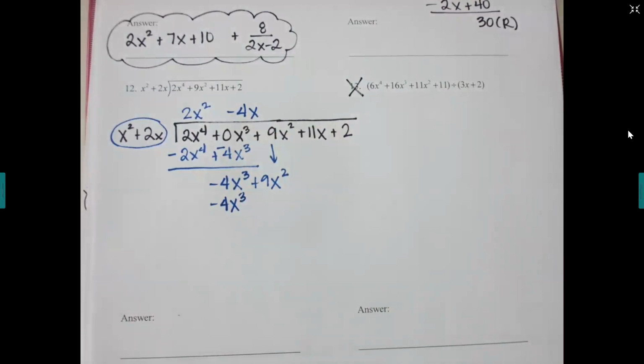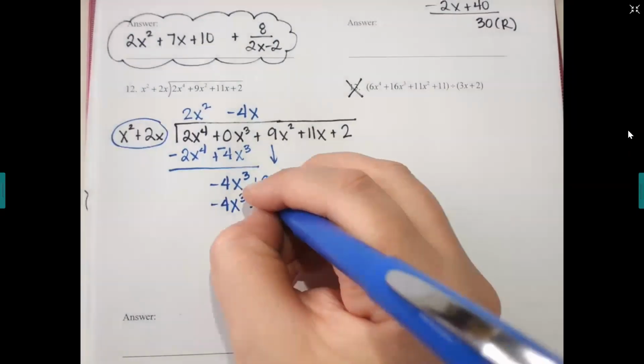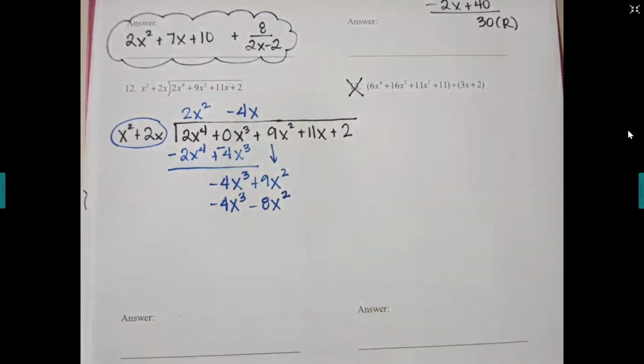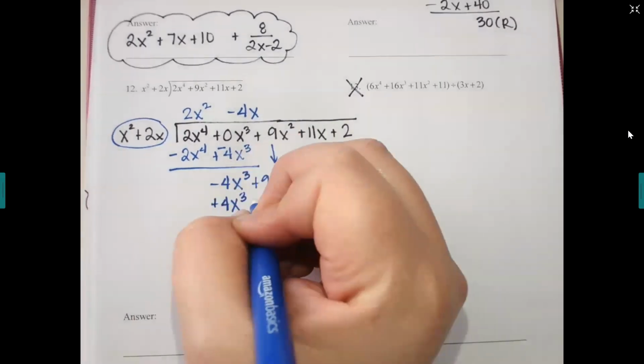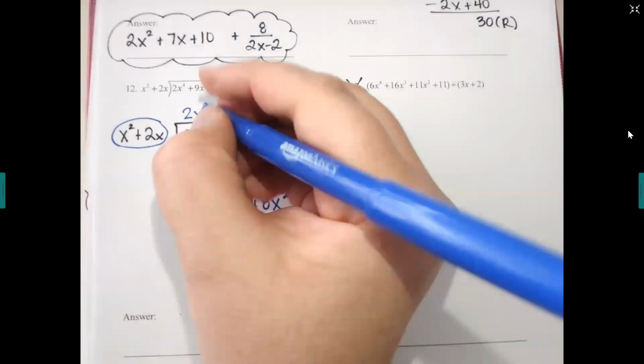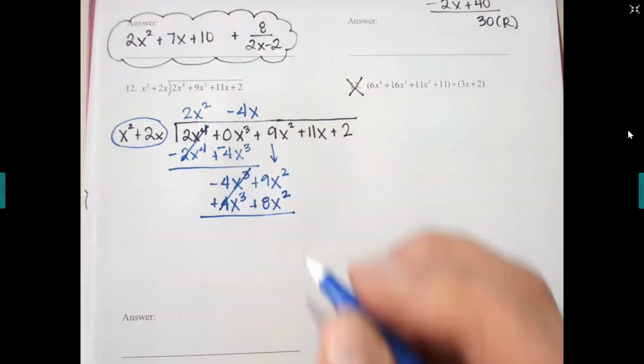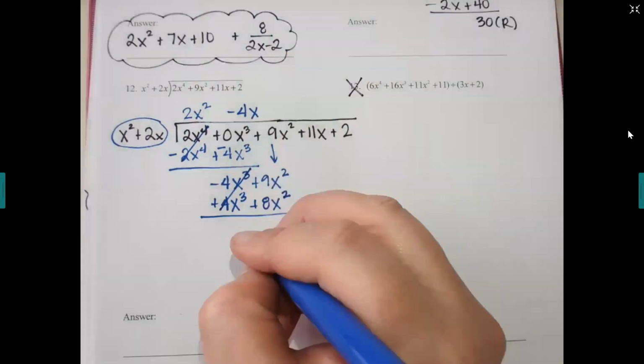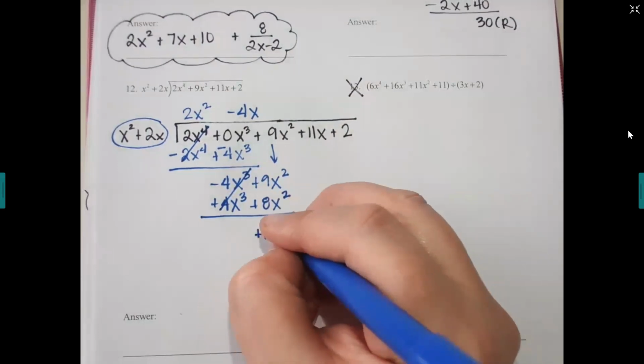Negative 4x times 2x. Negative 8x what? 8x squared. Very good. And then what do I do with the signs on the row? Switch them. So it's going to go plus, plus. The first two cross out anyways, though. I'm not really worried about those. 9 plus 8 is how many? 17. Carry down the 11x.